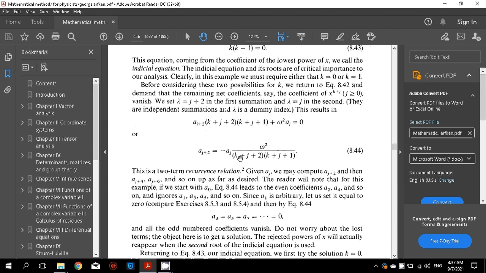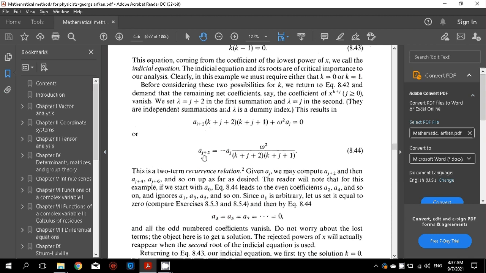So for example, if A0 is given with j is equal to 0, then you can find the coefficient A2 from this expression by writing j is equal to 0. Once A2 is known, you substitute j is equal to 2 and you get the coefficient A4, and similarly you will jump to A6 and so on.